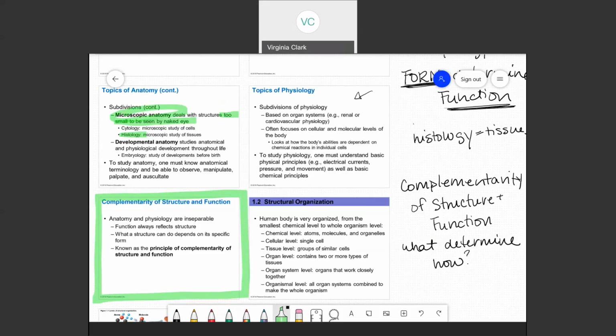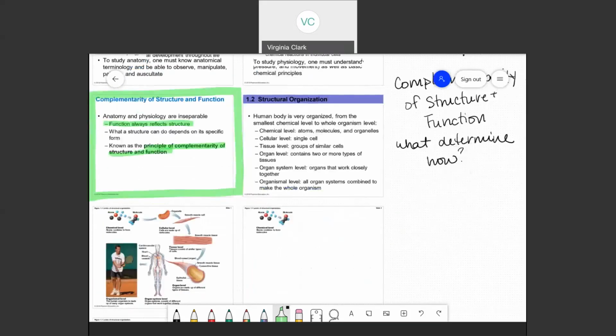This is a big premise of this. If the function is telling you something is wrong, then you know that there is something wrong with the structure. This is a really big principle of complementary structure and function. We'll talk a lot about how these two relate, but these are terms you just need to know as we start going. Okay, so looking at 1.2.